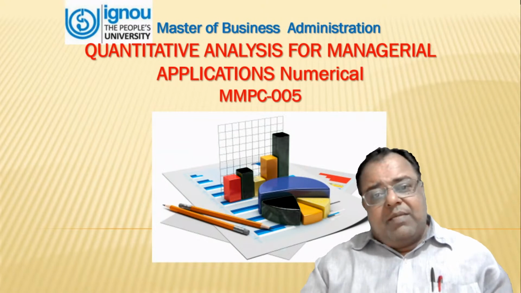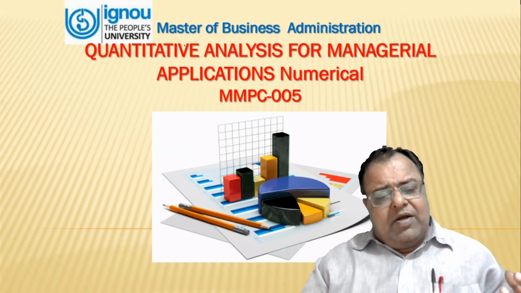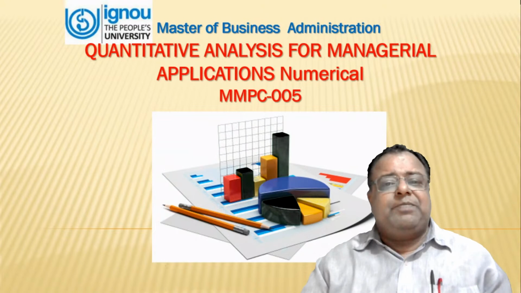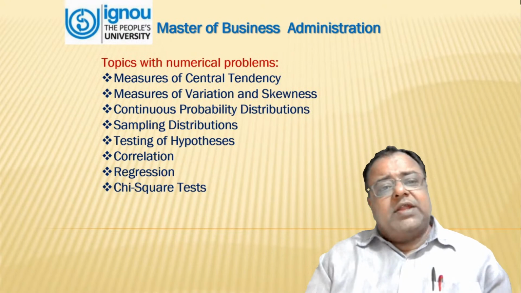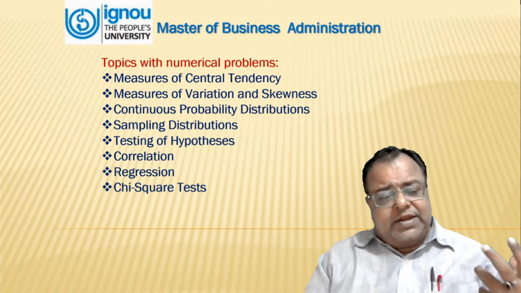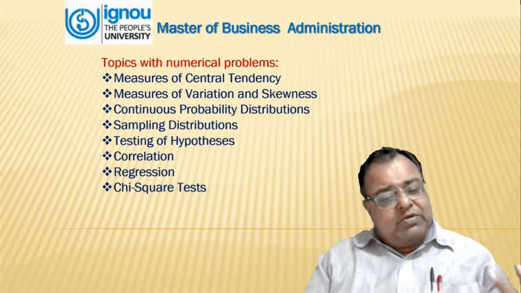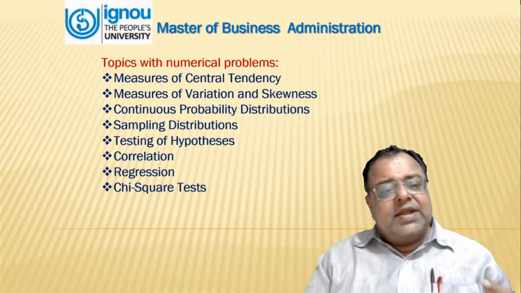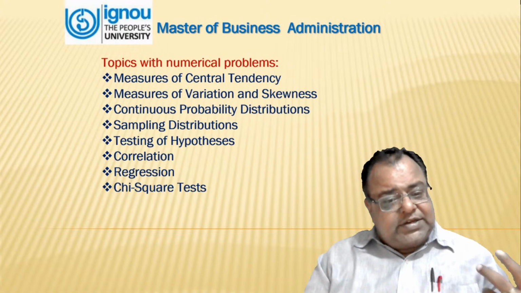And now, moving further, I will be moving specifically on the numericals, which is the most important part of the subject. The topics which are important as far as your numerical portions is concerned are measures of central tendency, measures of variation and skewness, continuous probability distributions, sampling distributions, testing of hypotheses, correlation, regression, and chi-square test.